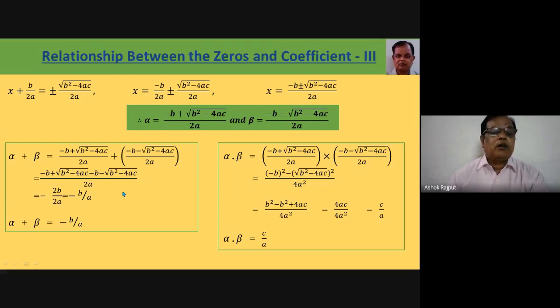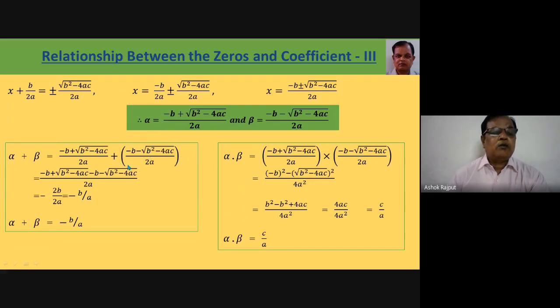After that, we are going to check if these are correct, or we prove this one. Alpha plus beta equal to minus b plus under root b square minus 4ac upon 2a plus minus b minus under root b square minus 4ac upon 2a.